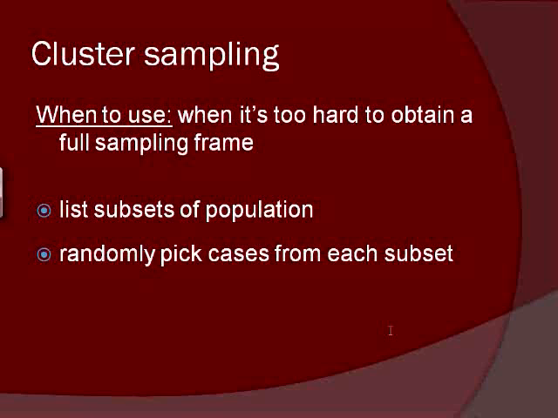Then from each of those 5 states, you can randomly select cities. It's very easy to obtain a list of cities or maybe counties in every state and randomly sample those counties from each state. Then, from each county, it will be very easy to obtain the list of schools and have schools sampled randomly from every one of those counties.